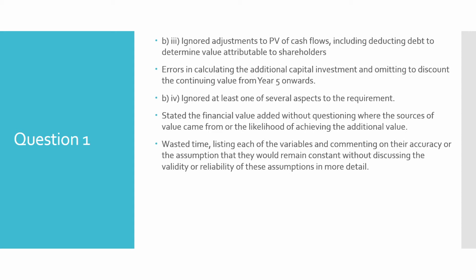That sales revenue is assumed to be correct, taxable depreciation is assumed to be correct, working capital is assumed to be correct, discount factor is assumed to be correct. That's not what you are supposed to do, right? No, you have to discuss how valid it is or how reliable the assumptions are.